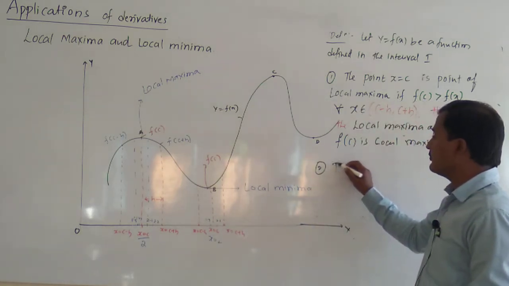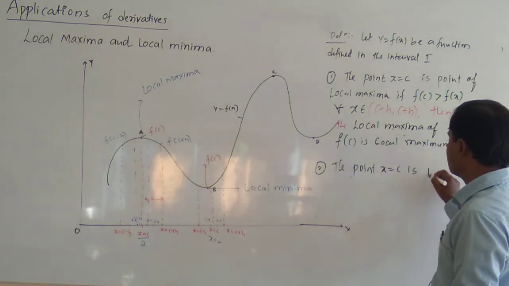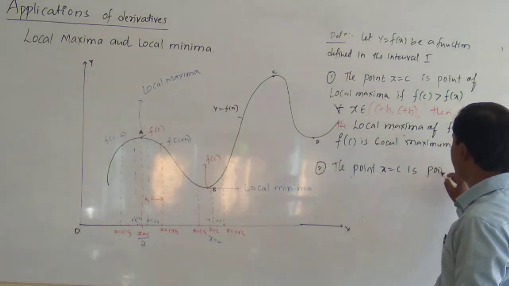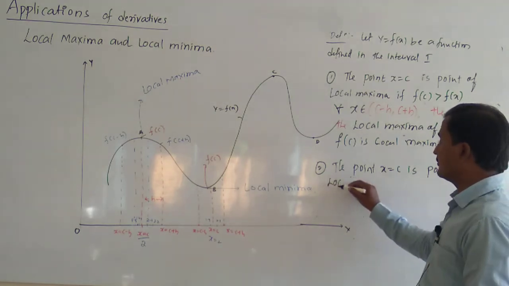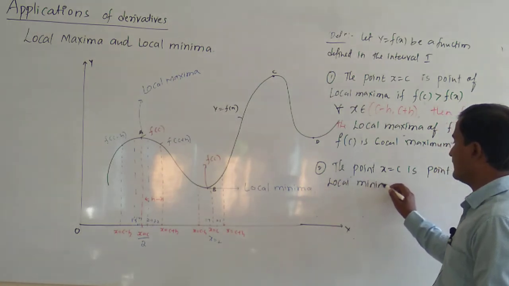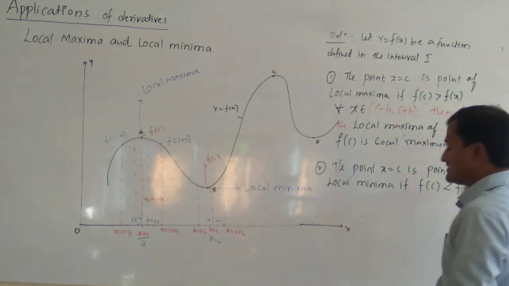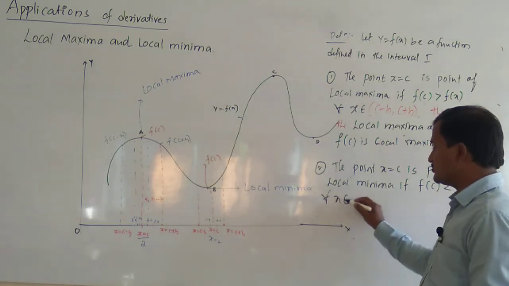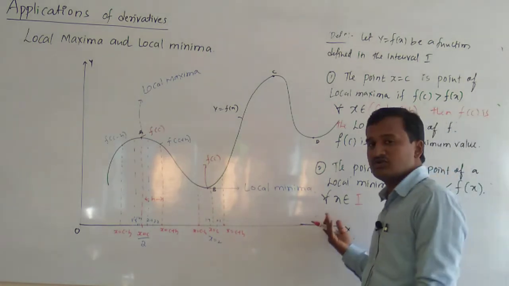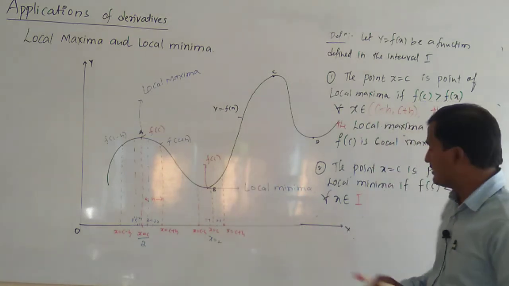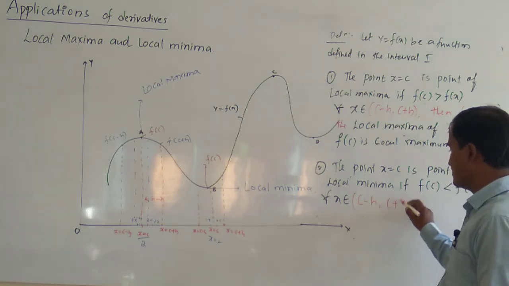Here the point x equal to c is a point of local minima if f of c is less than f of x for all x belonging to c minus h to c plus h.